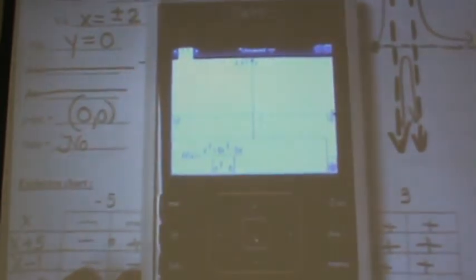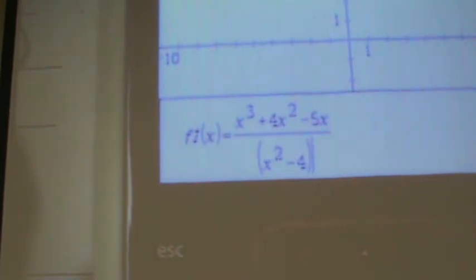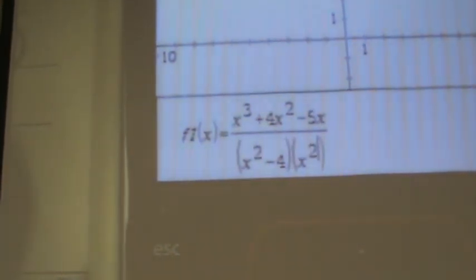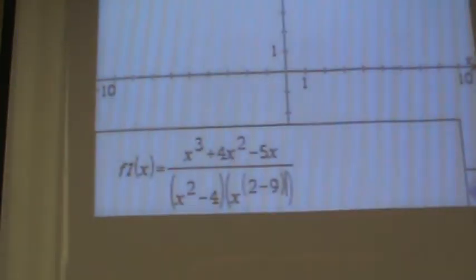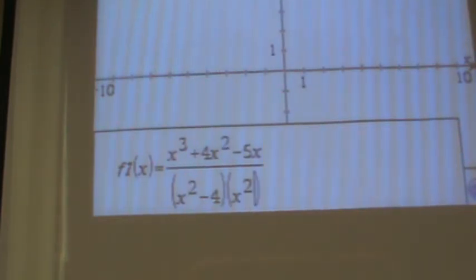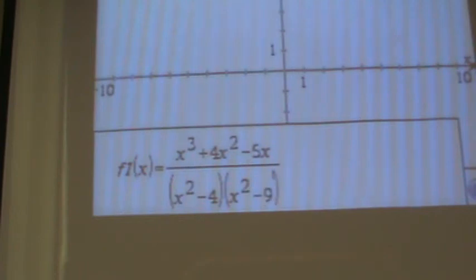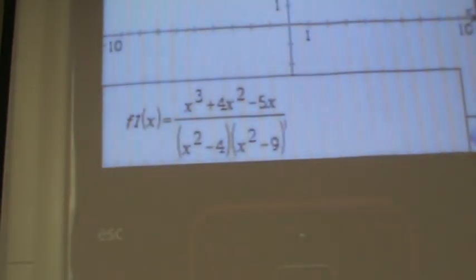And notice how I'm just typing it in my calculator exactly the way it shows up in the original problem. Check this out. I'm just typing it in. And then x squared minus 9. Now, let's see how, whoops, that was bad. X squared minus 9. Now it's good. Hit enter.